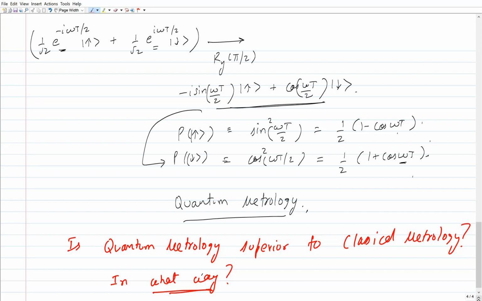As you can guess, it's certainly going to be a statistical argument, because in both quantum metrology and classical metrology, I'm going to measure many times, build up the statistics, and invert. To appreciate that leads us to our next topic. In order to appreciate the advantages of quantum limited metrology, I come to the field of statistics of parameter estimation.